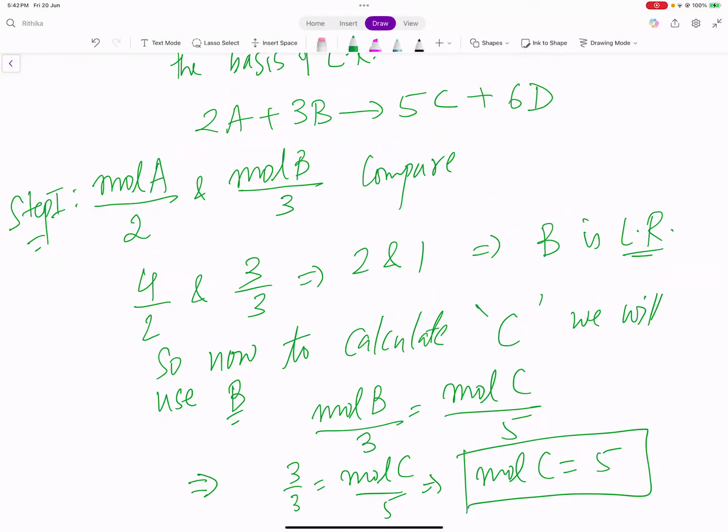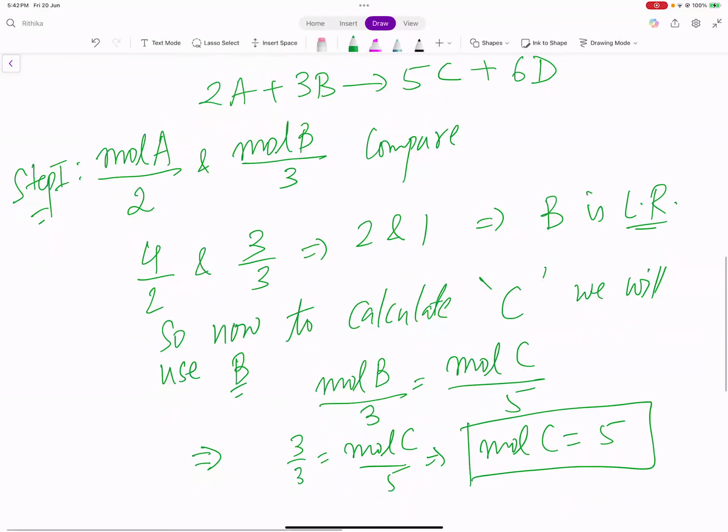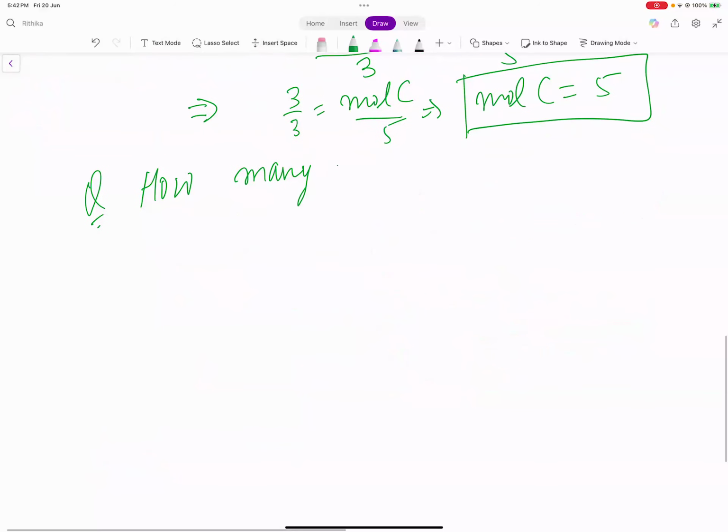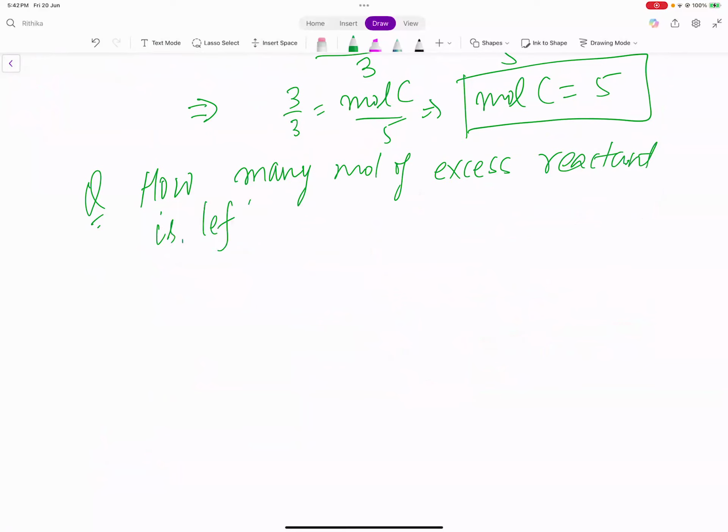Now, the next question they ask is, how many moles of excess reactant are left?